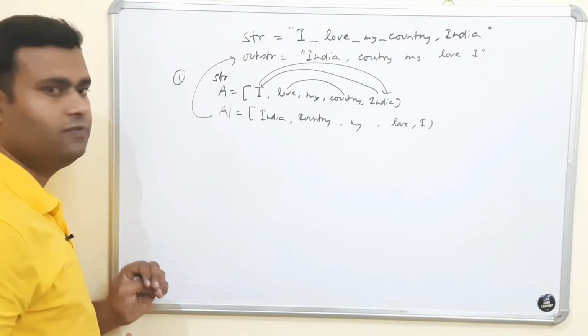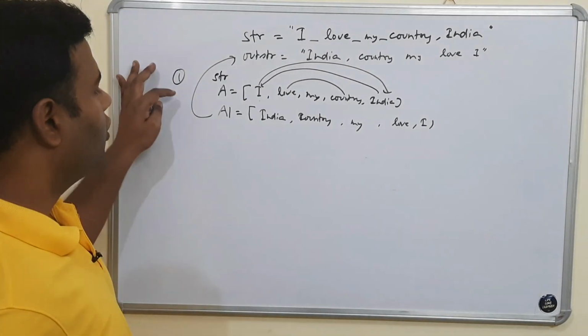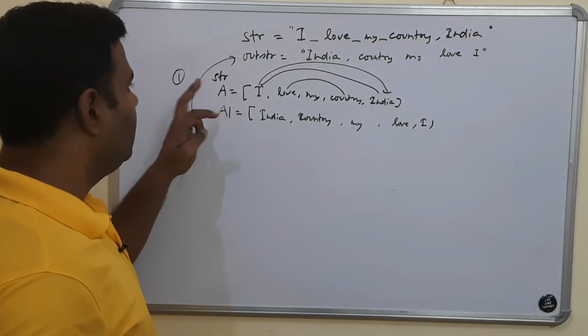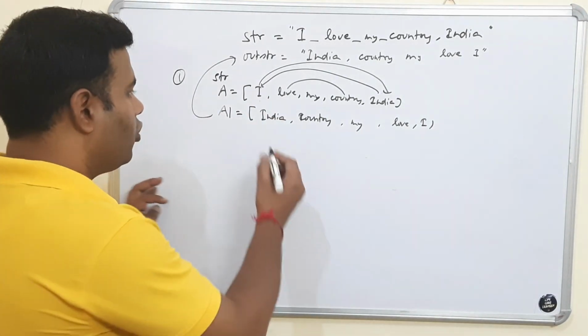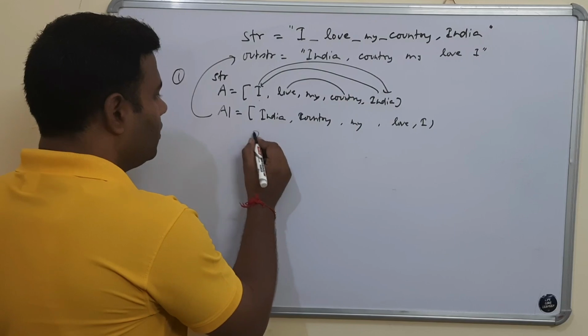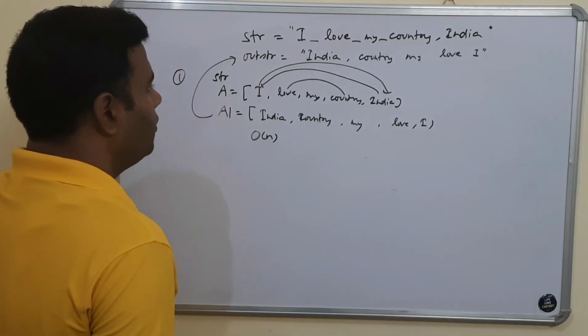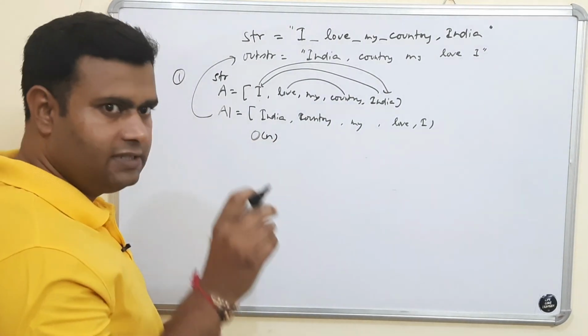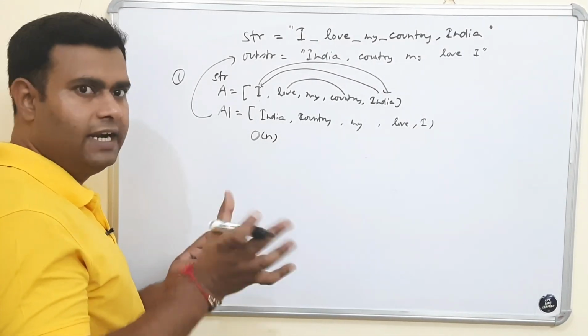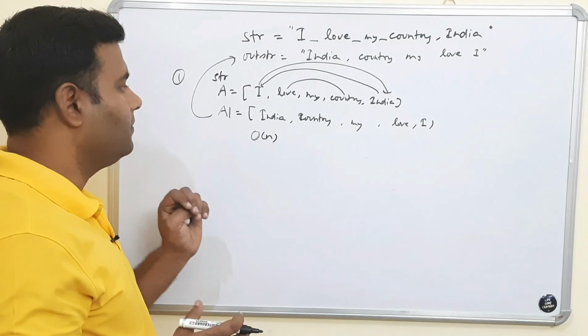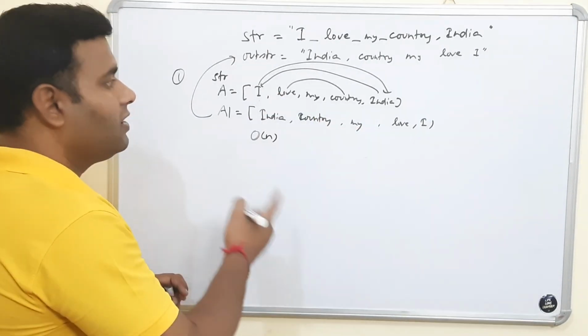But what will be the complexity of this solution? First you are tokenizing this based on its space. So the complexity of the tokenization will be O of n, because you are treating each word, and if there is any character which is equal to space, then you take out that word and add it to this array. After tokenization you are reversing it.